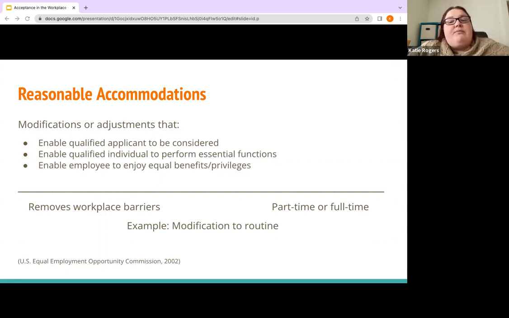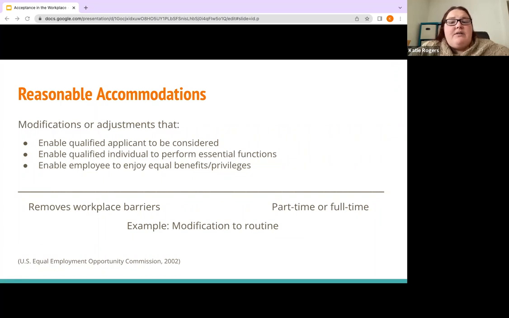It also includes modifications or adjustments to the work environment that enable a qualified individual with a disability to perform the essential functions of that position. And then finally, it includes modifications or adjustments that enable a covered entity's employee with a disability to enjoy equal benefits and privileges of employment as are enjoyed by its other similarly situated employees without disabilities.